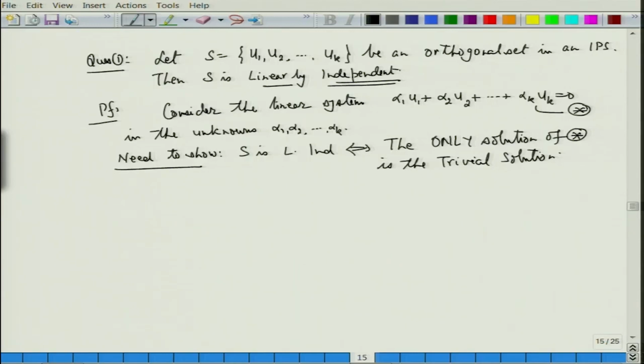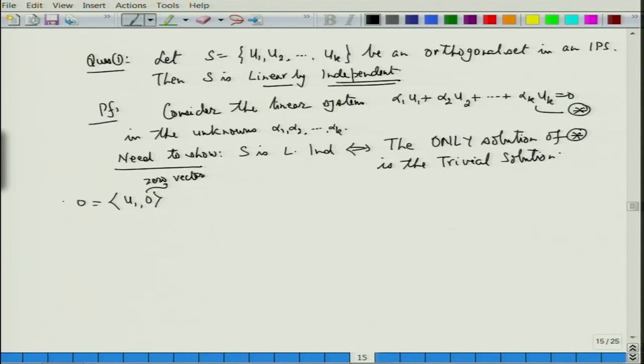Let us try to compute it. Let us look at the inner product of the zero vector with, say, u1. Let me write it the other way around: I want to look at u1 and the zero vector. I know that the inner product of any vector with 0 is 0.